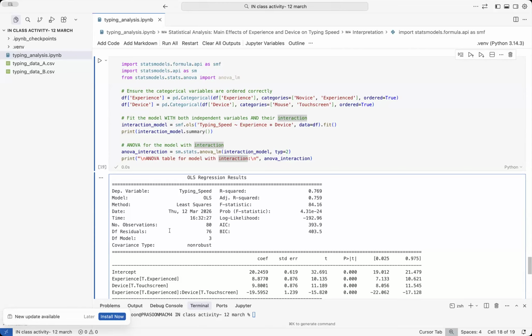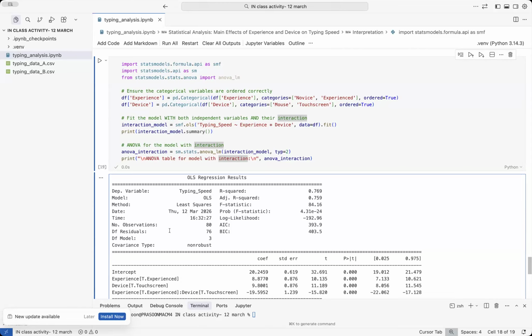So this is showing going from novice to experienced. Device equals mouse by default, right? So if device equals mouse, this is 0, and this is also 0.